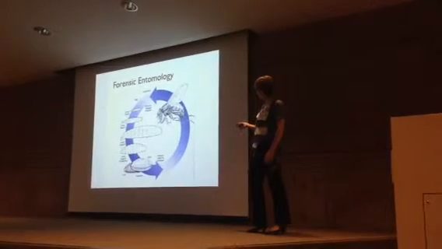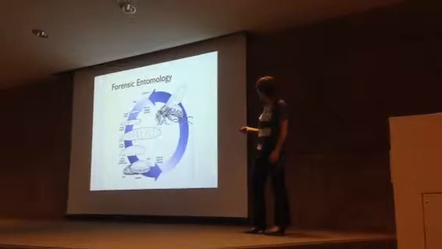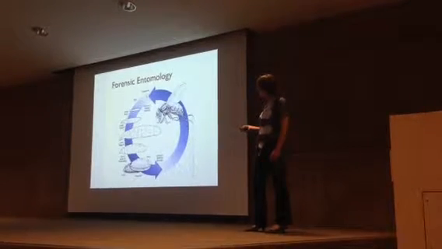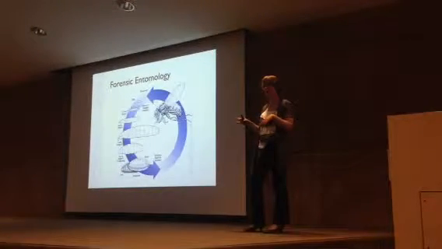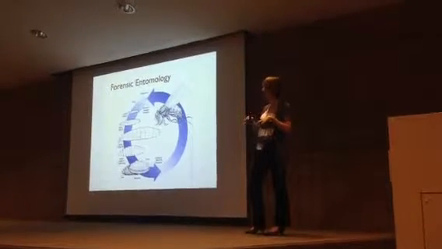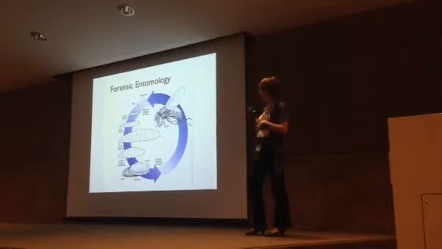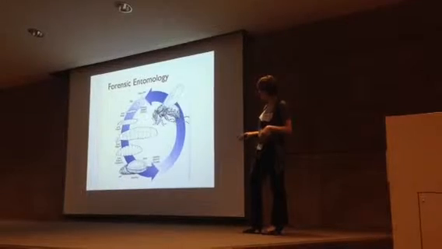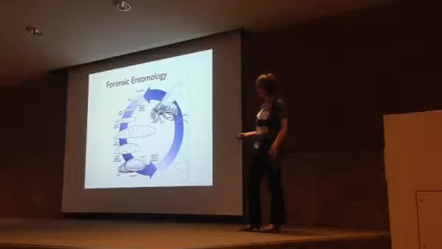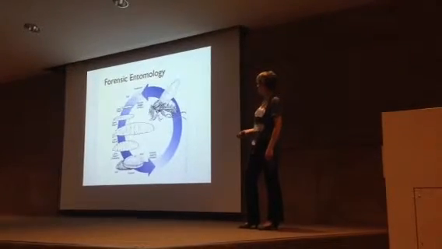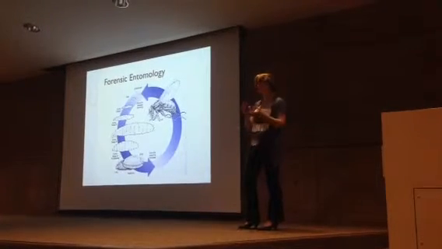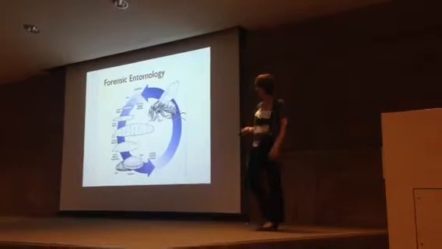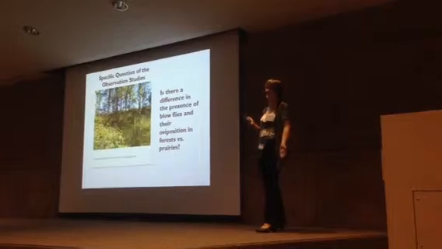Then the egg develops into 3 larval stages where the larva is actively feeding on the carrion, growing and molting. Then it goes into a post-feeding stage where it leaves the carrion, pupates, and emerges as a beautiful blowfly. They are beautiful.